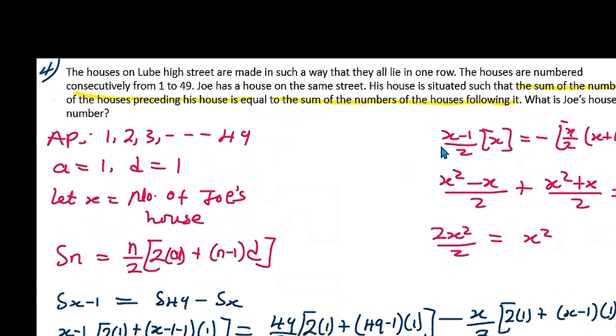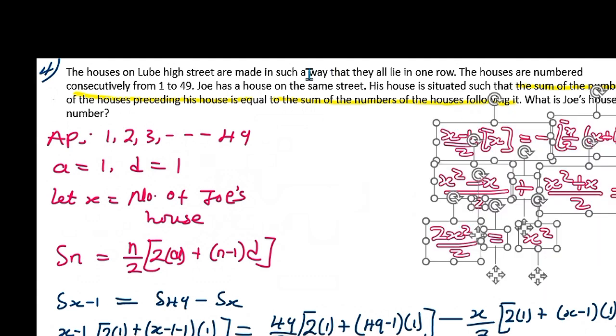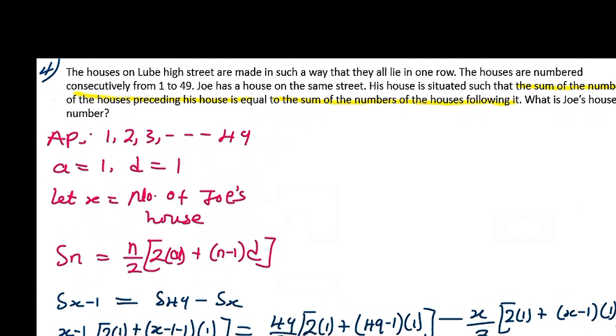So it means that in general we are left with the expression here, x squared equals 50 divided by 2, which will give us 25. So this will be 49 times 25.